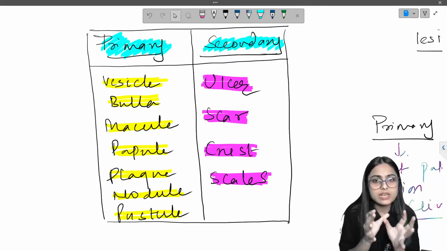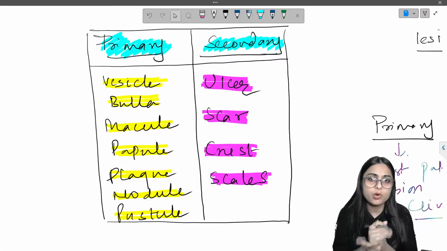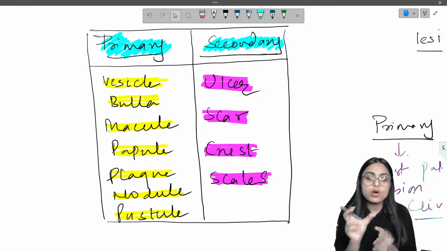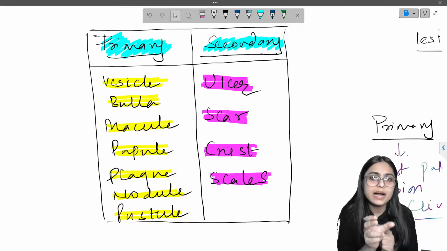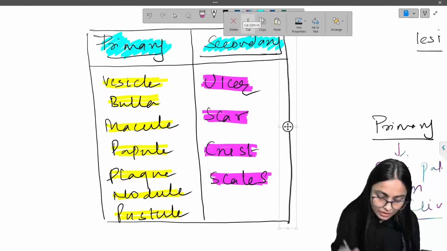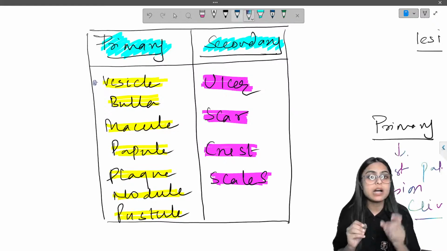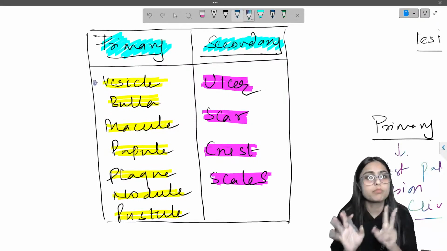Starting with primary lesions, if I take an example of chicken pox, it first manifests with the appearance of a vesicle, so that will be our primary lesion in chicken pox.